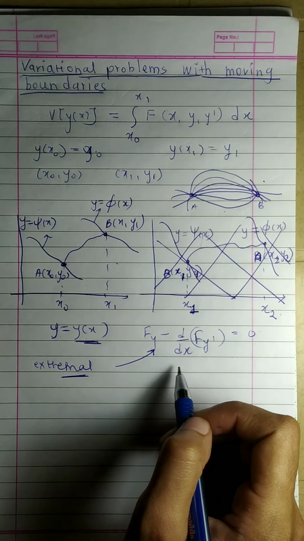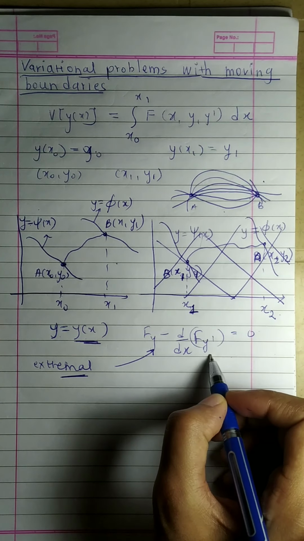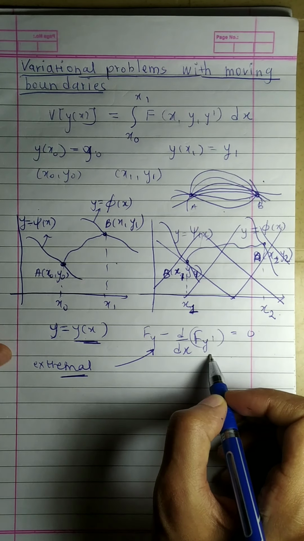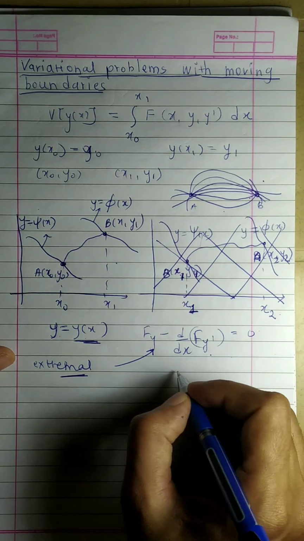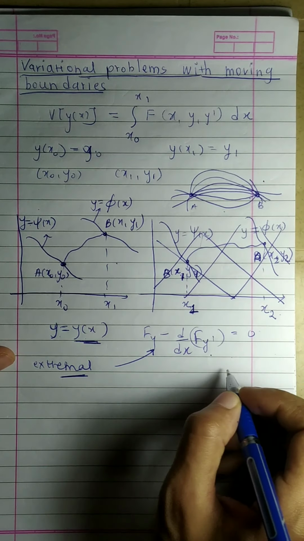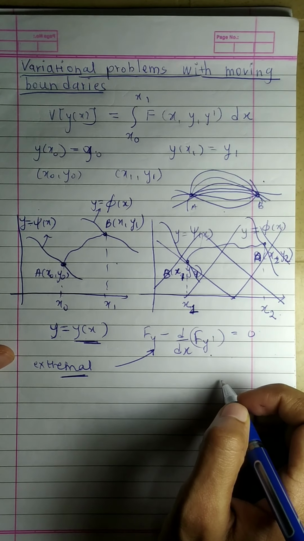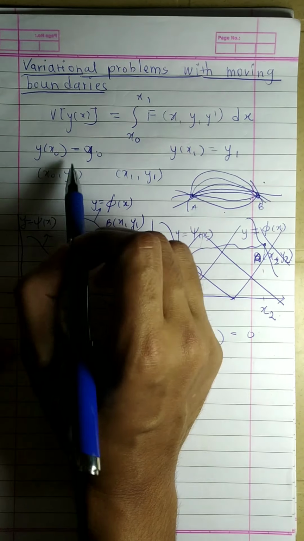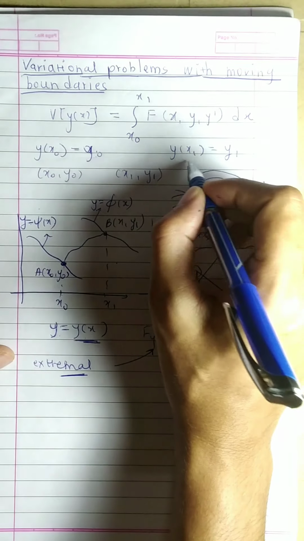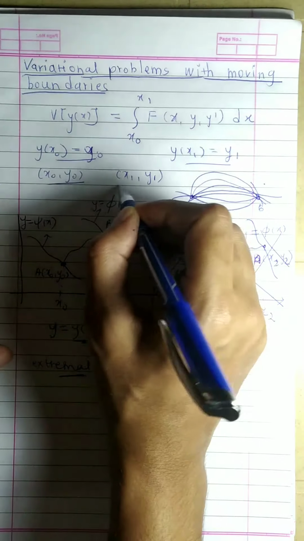So we have already seen when we solve this Euler-Lagrange differential equation, we get a two parameter family of equations. That means we get two arbitrary constants, and for determination of those arbitrary constants we make use of these initial conditions or these boundary points.